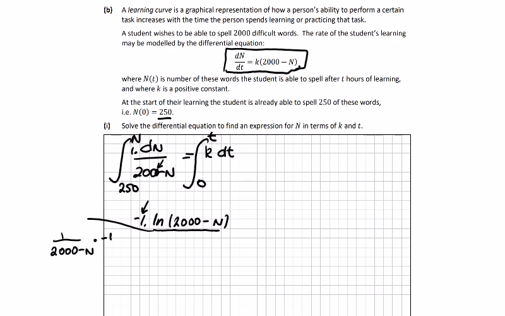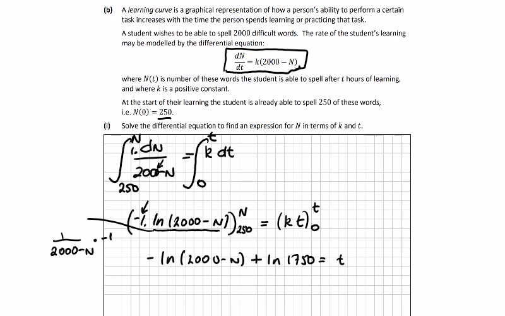So we're going to have minus ln 2000 minus n between n and 250 equal to kt, integrating the right hand side between t and 0. So putting n in first, minus ln 2000 minus n, and then minus ln of 2000 minus 250, 1750, equals kt minus 0.